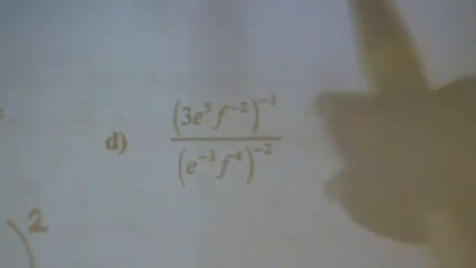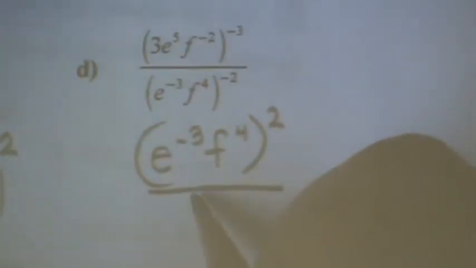And D. Ew. Now D is probably the hardest one. Can we cancel anything inside? No, because these have different powers. But one thing you could do, see how they're both negative exponents, opposite? I could flip-flop them.